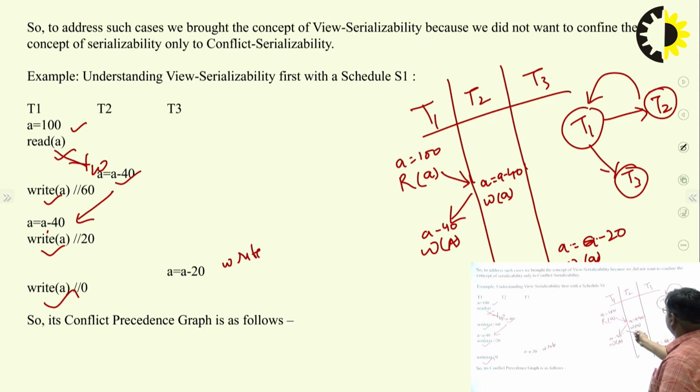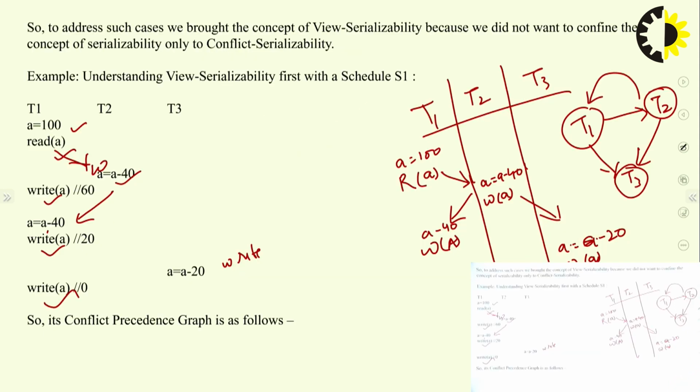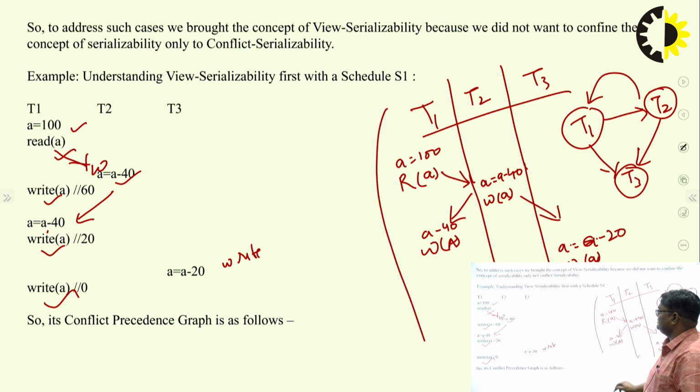For T2 we have T2 to T1 and T2 to T3. T1 to T3 is already marked. So this will be the precedence graph of this transaction. Mainly, this is the correct transaction; here some alignment is missing.